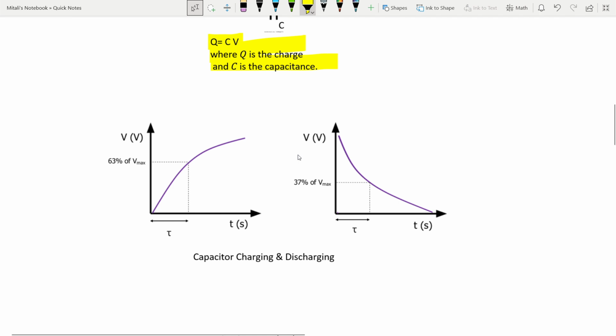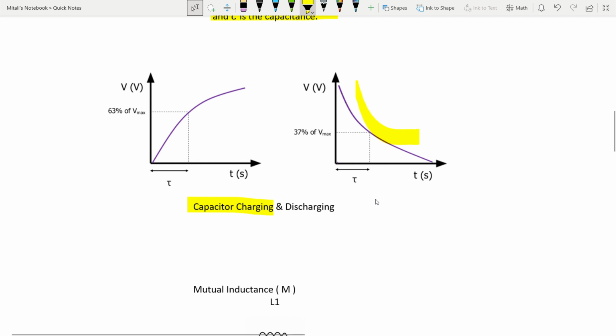These following graphs show the capacitor charging and discharging. In AC circuits, capacitors oppose changes in voltage, leading to a phase difference between voltage and current. This property is crucial in filtering applications.